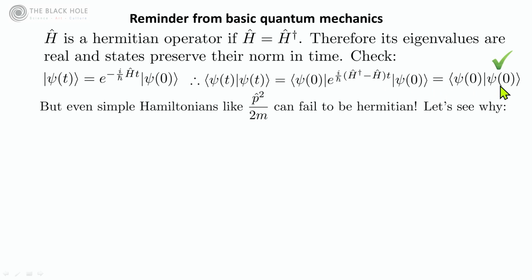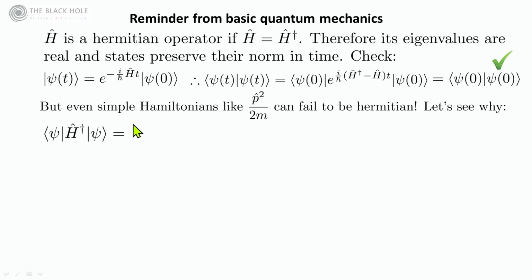Okay, but what we are going to be interested in today is Hamiltonians like this. This is a single particle kinetic energy, and even this can fail to be Hermitian. Normally, when one is teaching quantum mechanics, one always says, oh, this here is a Hermitian operator, but it's not always true.